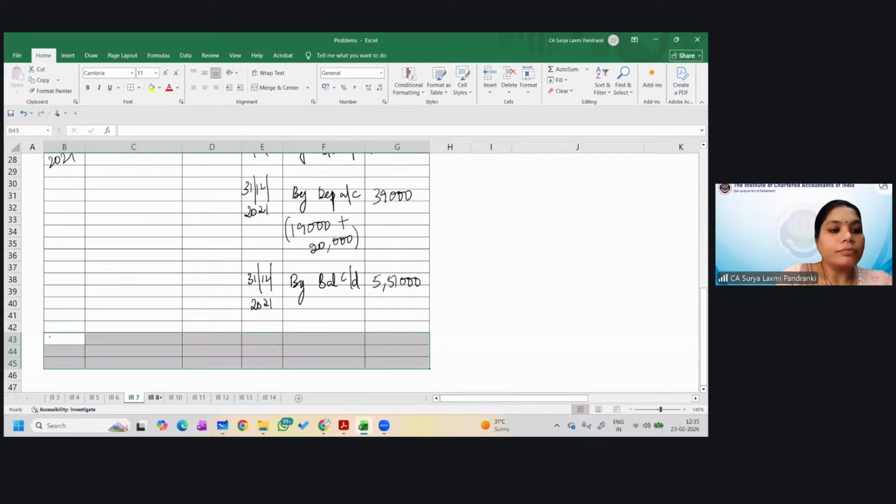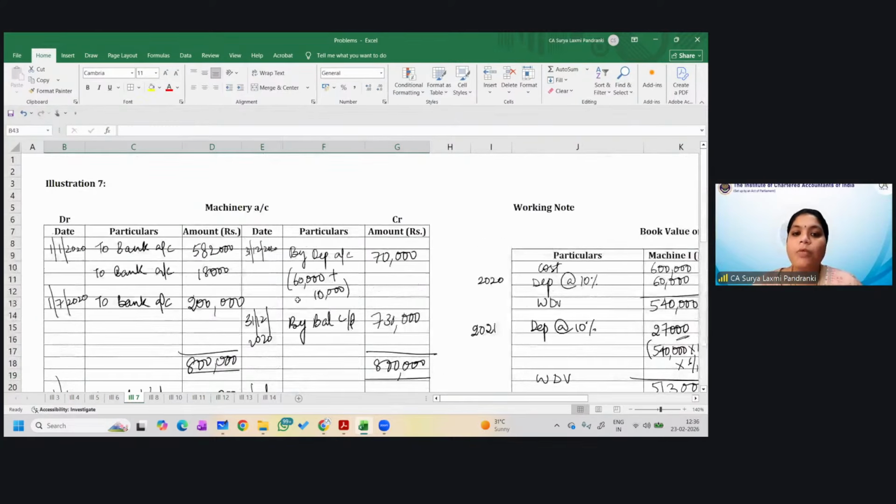Okay. So on 1/1/2022, to balance brought down will be 5,51,000. This part is clear.